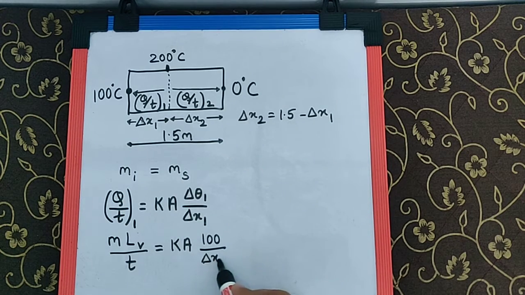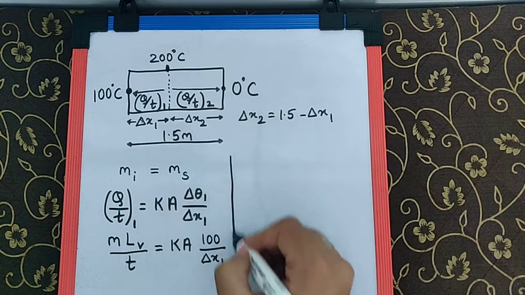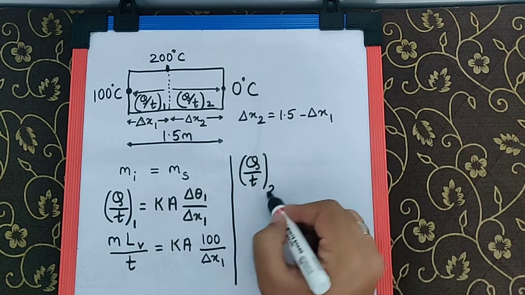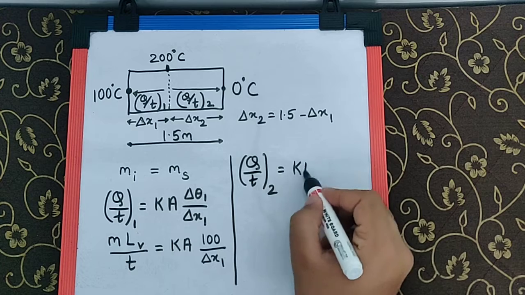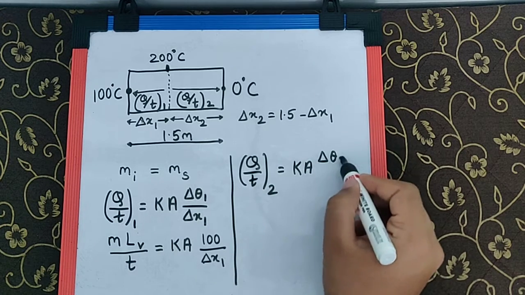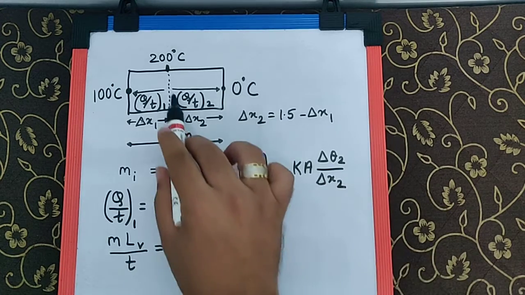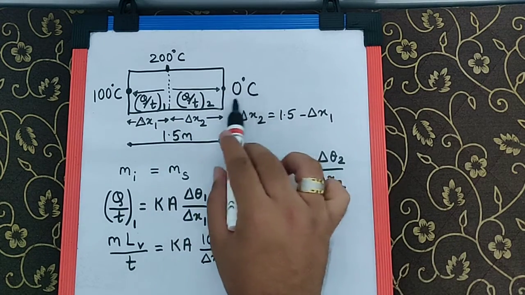Now similarly, if I apply Q by T2, I get it as K A delta theta 2 by delta x2. Now here the heat which is supplied is used to melt the ice.